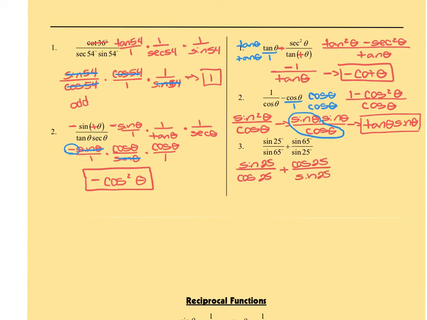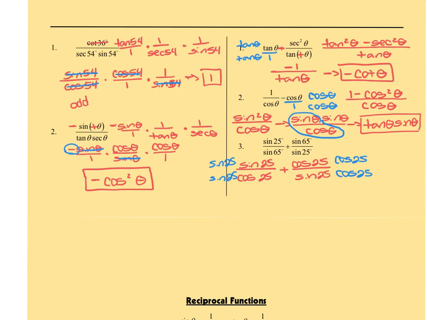Now, what I need to do here is get some common denominators. Since my denominator is different on both of these, my first term is going to be multiplied by this denominator, and the second term will be multiplied by this denominator. So I'm going to multiply this by a sine 25 over a sine 25, and then the second one is going to get multiplied by a cosine 25 over a cosine 25.